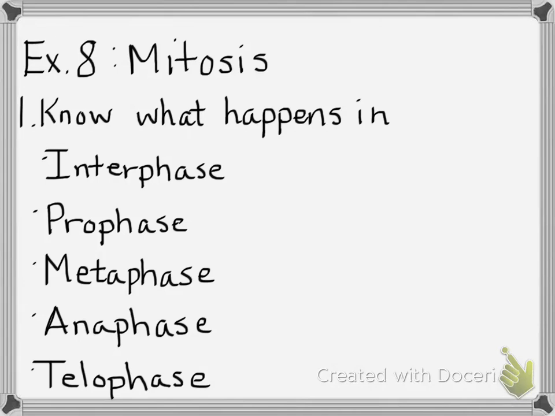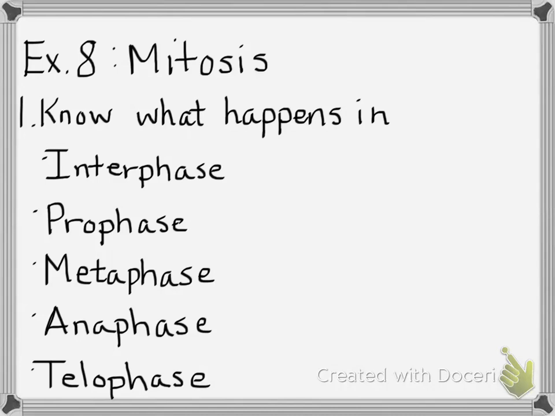A really nice reference for this entire exercise is pages 88 and 89. That page has not only really good visuals, but also words that describe each of the phases. So if you review pages 88 and 89, that would be a good reference for mitosis, no matter if you're studying for lecture or lab.